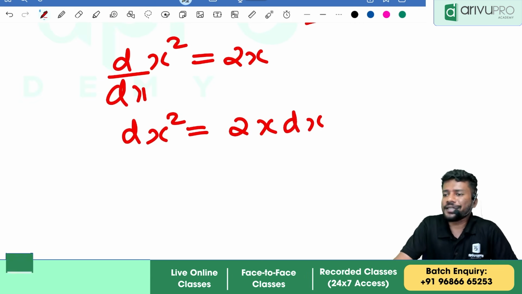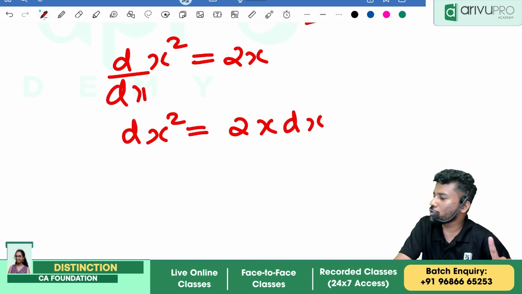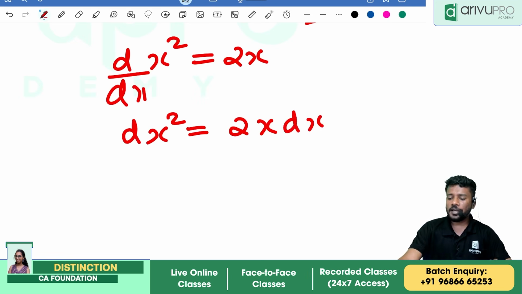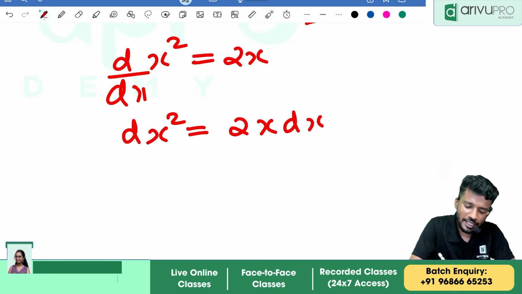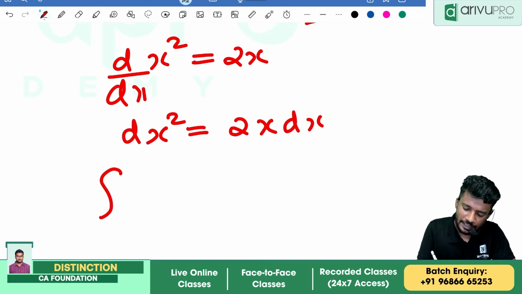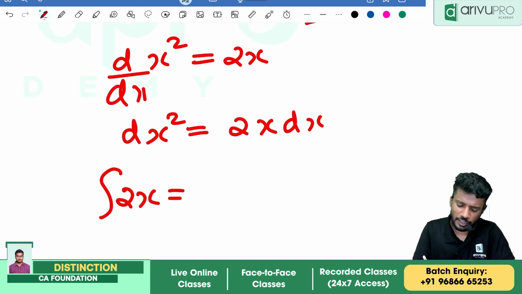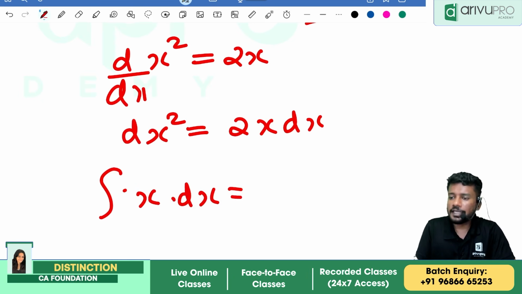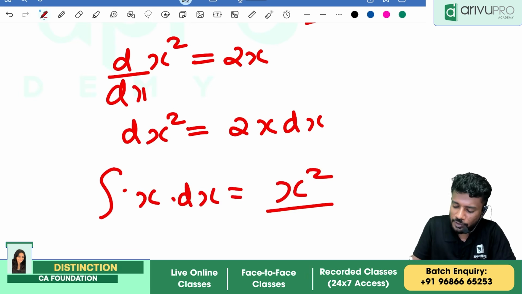At the end of the day, both should be equal, right? When I integrate, both should be equal. Then the integral of 2x dx will be how much? Or the integral of x dx will be how much? That is nothing but x square divided by 2.